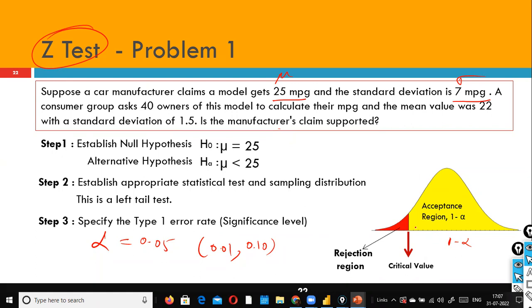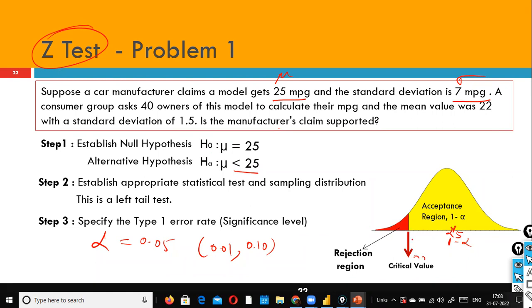Because here we are conducting a less than test, right? It could be less than whatever they define. For example, the 25 miles per gallon is there in the middle, the average. It can be less than that also. I'm going to define a cutoff value. So if it is up to 23 miles per gallon, I'm okay. Anything less than 20, I'm going to reject it.